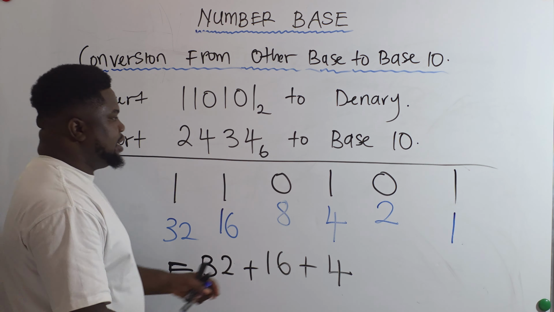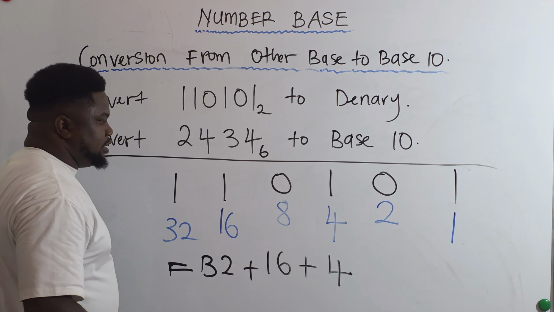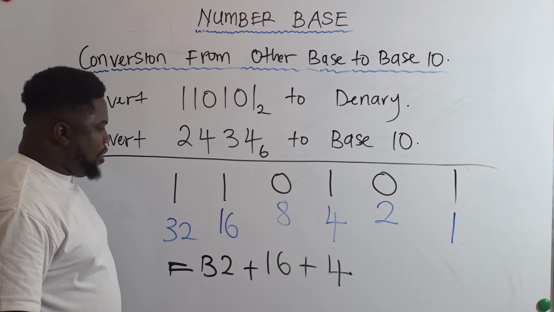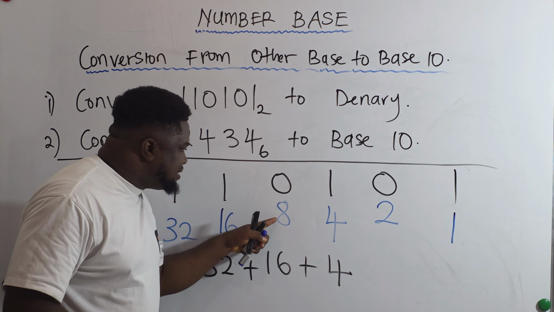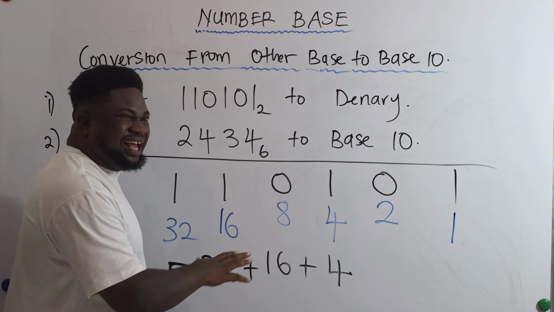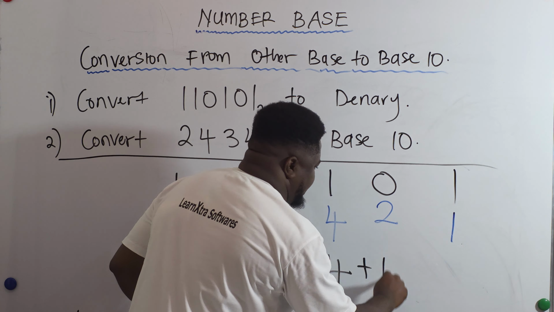plus, I won't add 2 because there is no 1 on top. If you observe carefully, you will see that I did not add 8 because there's no 1 on top. I am adding the ones having 1 on top, plus what else? 1.